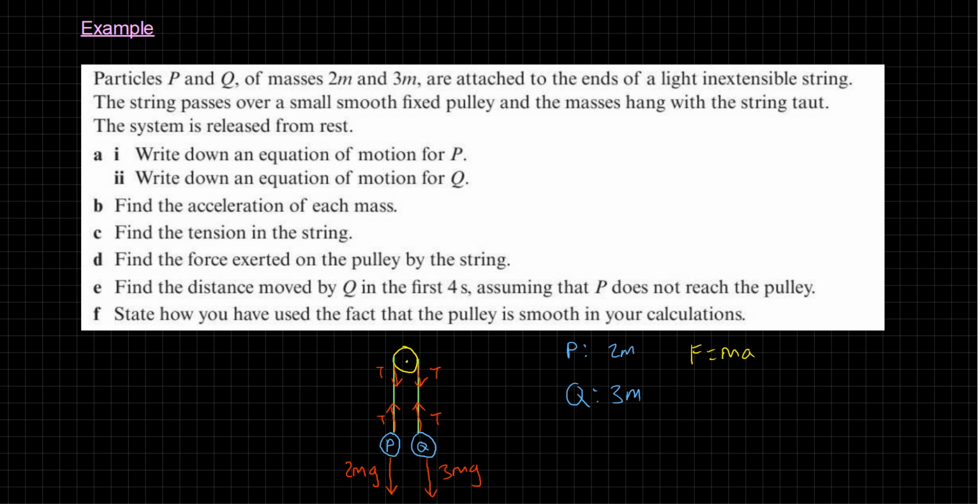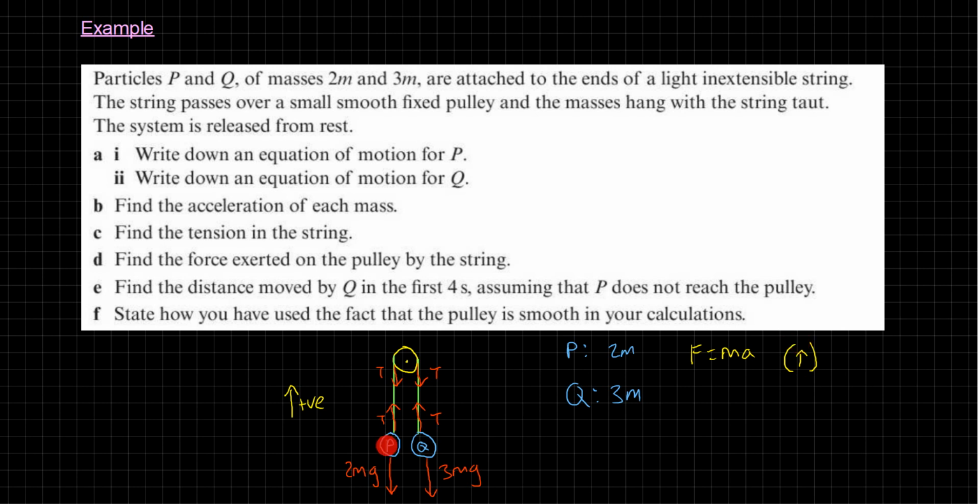Are we talking about up or down? So let's say, for example, up is positive. Okay, in fact, let's note it on the diagram itself. I'm going to take up as positive. And then here I'm resolving forces vertically.